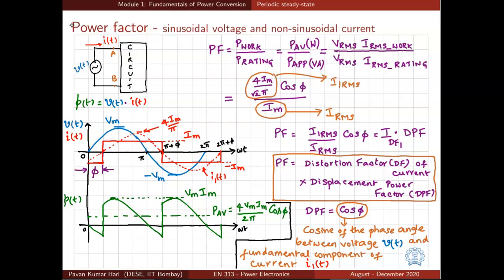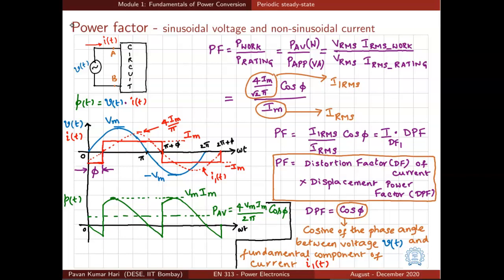So the power factor in this case, when the voltage is sinusoidal but the current is non-sinusoidal, can be expressed as I1 RMS divided by IRMS multiplied by cos phi, and we have already defined this I1 RMS by IRMS for AC waveforms, which is the distortion factor. So IDF1 is equal to I1 RMS divided by IRMS.